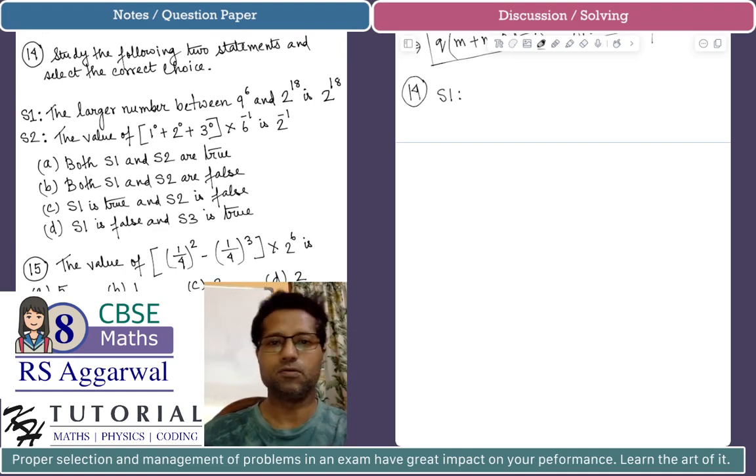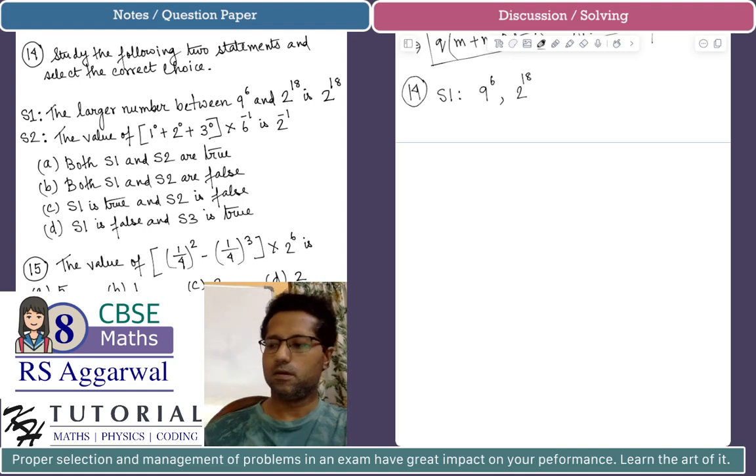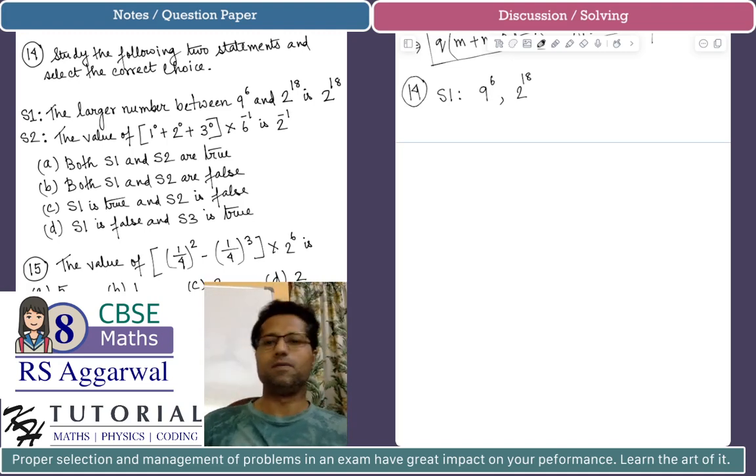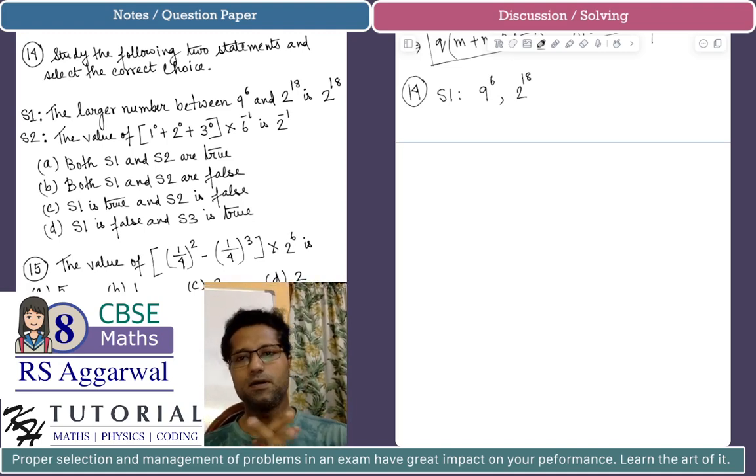Now, how do we know which is larger between two numbers in exponential form, 9 to the power 6 and 2 to the power 18? If you can somehow express both exponential numbers with the same power, then you can compare the base.